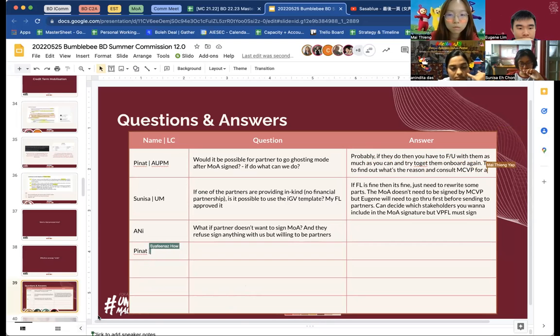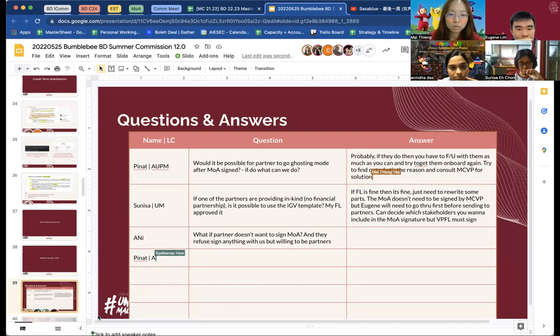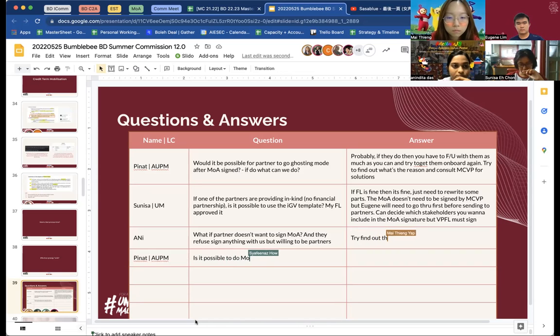Then next, for Ani: what if a partner doesn't want to sign an MOA and refuses to sign anything with us but is willing to be partners? I think you should figure out the reason why they don't want to sign an MOA. Is it because they don't want to be restricted? If so, does that mean they might not want to keep their promise? Once you figure out why, you can think of action steps.